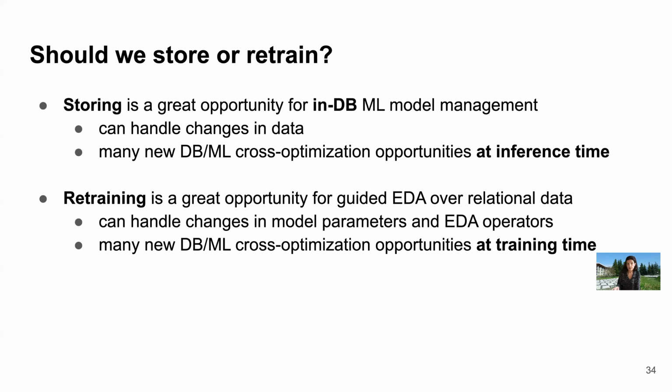And the answer of retraining is itself also a great opportunity for guided EDA over relational backends, because it handles changes in model parameters and EDA operators, which we just saw, and of course also opens opportunities at training time.